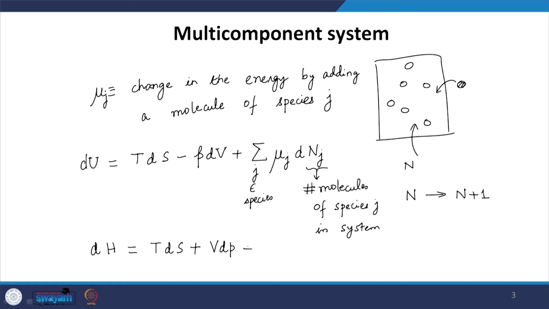So, this will be simply plus mu j dNj. That is to say that I can now write all of my expressions of the one component system by extending to the multi component system by simply adding sum over mu j dNj.